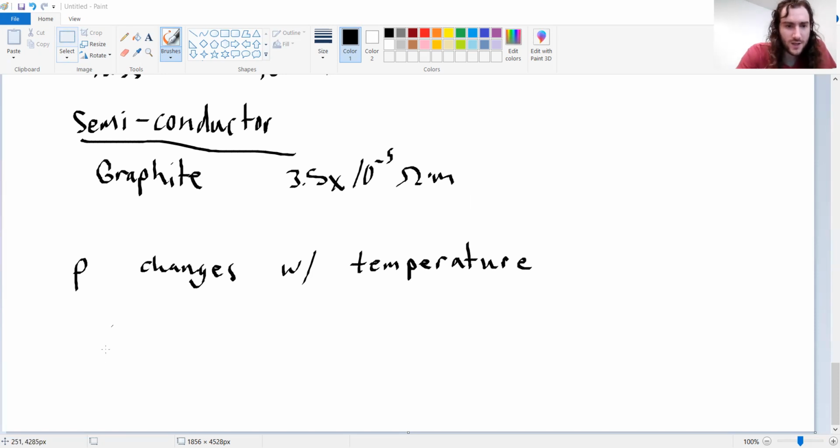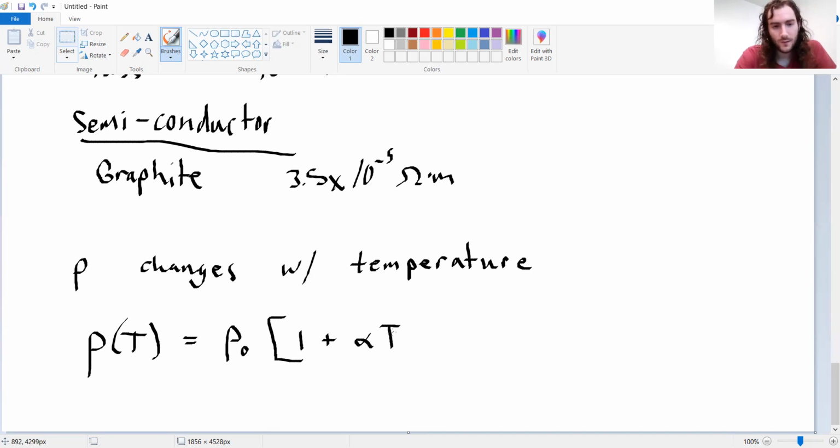So resistivity changes with temperature. There's a nice simple model as to how it changes, and I'll just briefly mention that. There's some resistivity value that you measure at a given temperature, and then it changes linearly with change in temperature.